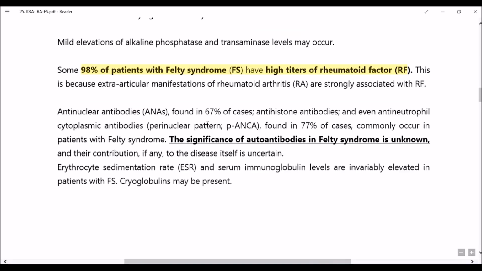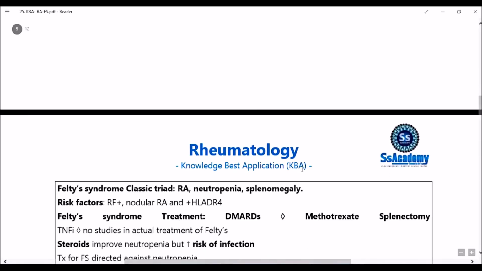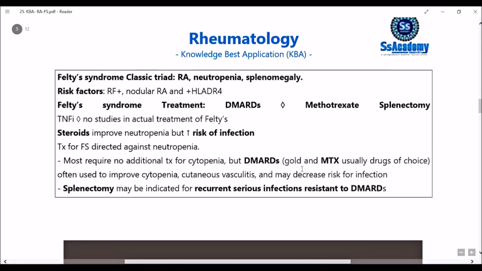Histone antibody, even ANCA, commonly occur in patients with Felty syndrome. The significance of autoantibodies in Felty syndrome is unknown, and their contribution, if any, to the disease itself is uncertain. ESR and serum immunoglobulin levels are invariably elevated. Cryoglobulins may be present.